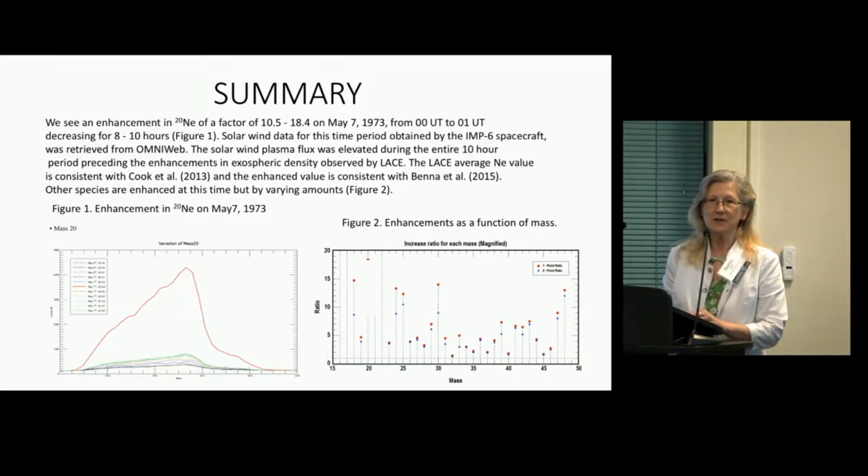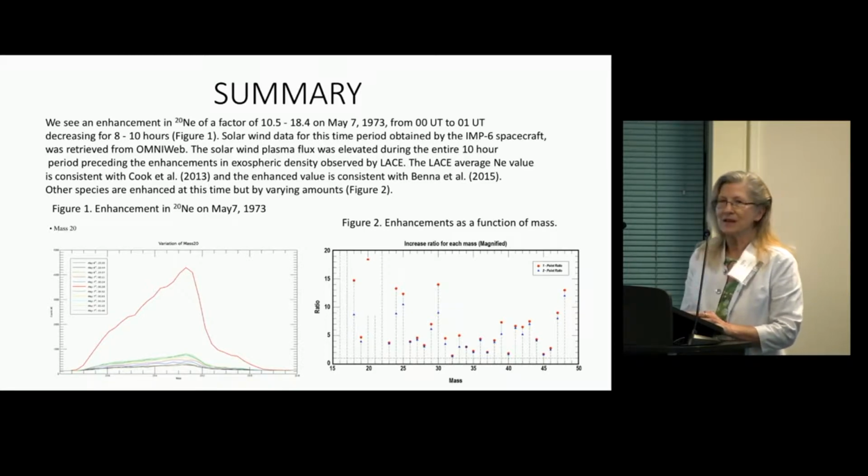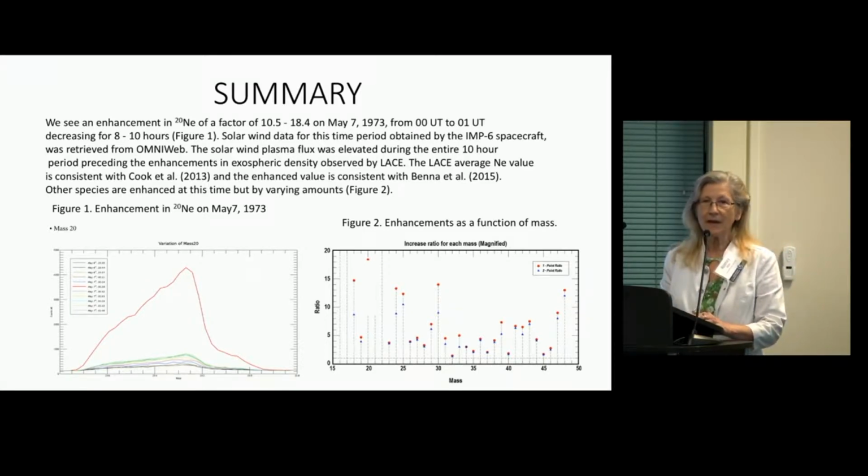In the process of getting the LACE data ready for archiving, we discovered some interesting things, and in particular, in the neon and other elements, we saw a sudden increase. And this was on the night side.